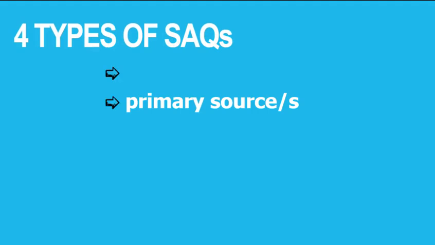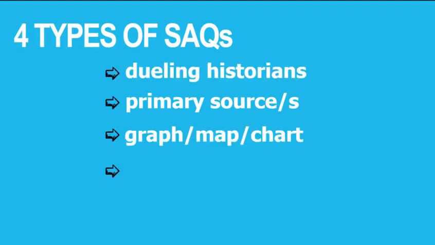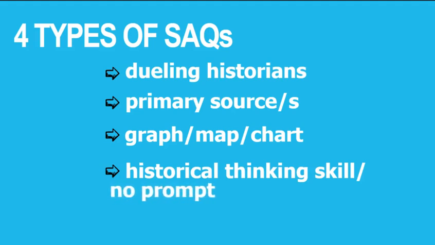There are 4 types of SAQs. The first one is what we call dueling historians, where they show 2 historians with different views on things, kind of like what we did yesterday. The second kind is a primary source or sources. They'll give you an excerpt from a speech or a cartoon, sometimes 2, and have you make sense of those.